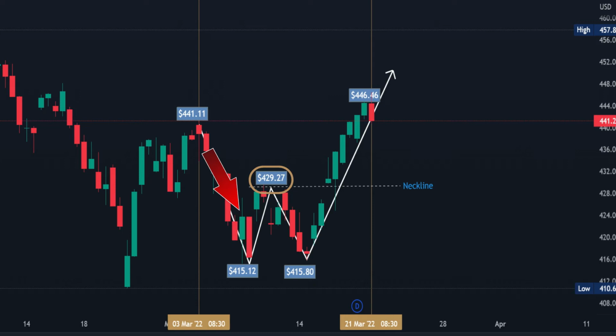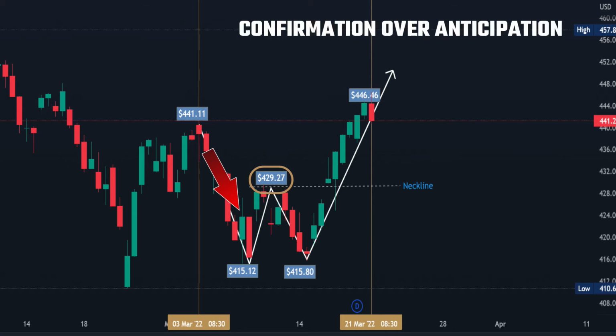As you can see in comparison to the M pattern we had on Nike's chart, these numbers are a lot closer. And as I said before, the closer the numbers, the better. From 415.80, we get a move back up to our neckline of 429.27. Confirmation over anticipation. So we buy on the next candle, which is a full break above our neckline, and we ride that wave up to 446.46.